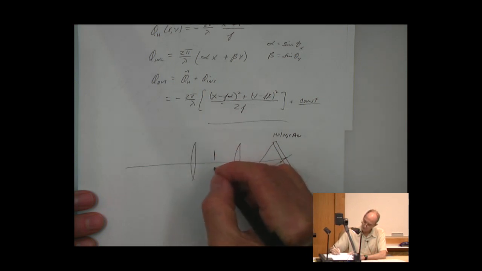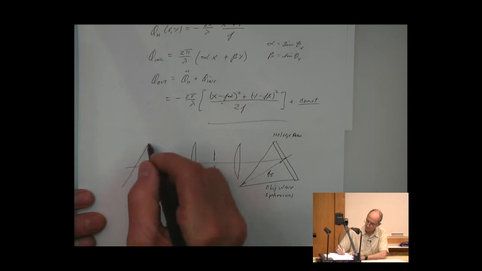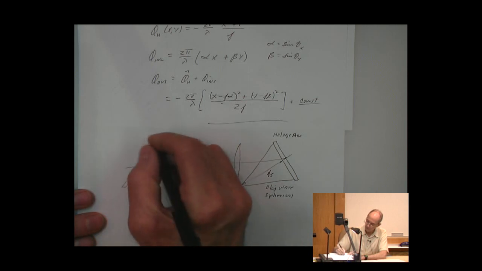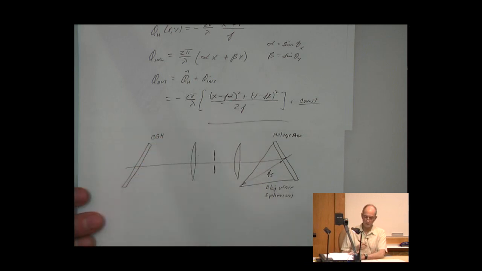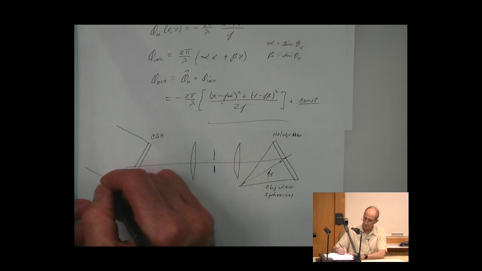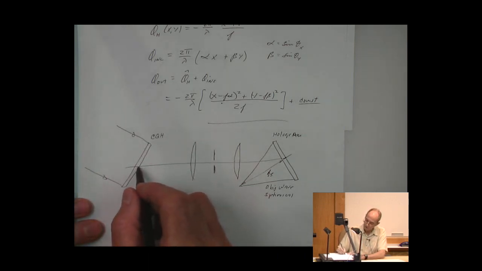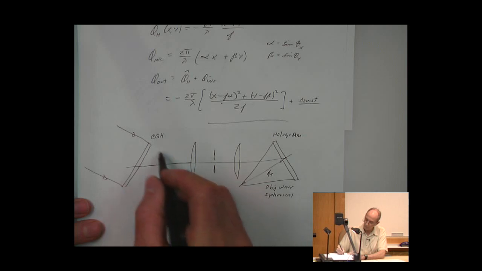We'll put a spatial filter there for a reason I'll explain shortly. And now we're going to use a computer-generated hologram out here to produce this quadratic phase function. And we're going to illuminate this CGH normally, and it will generate the wave off at an angle.